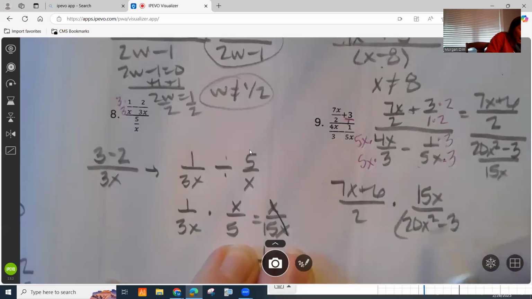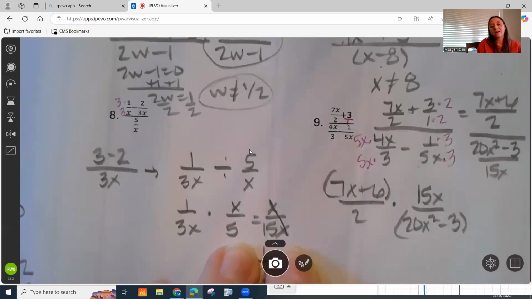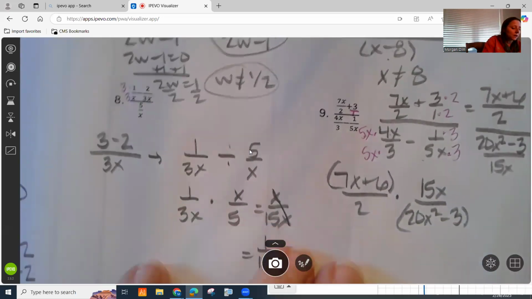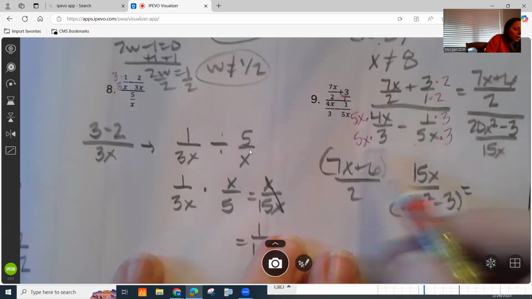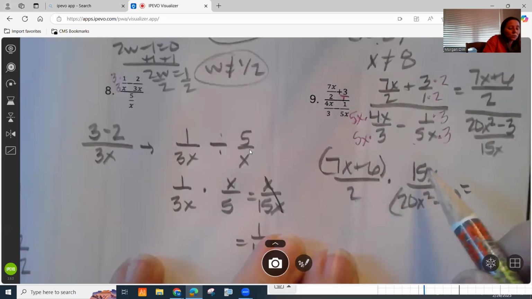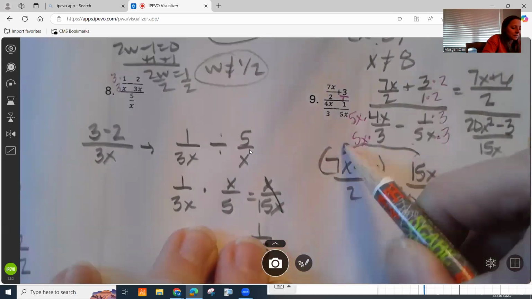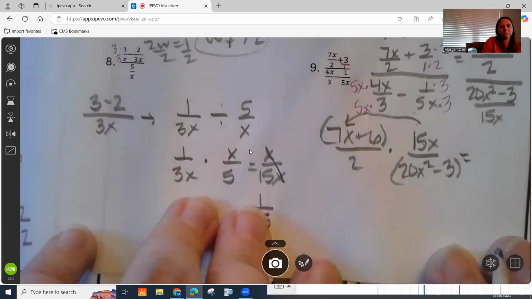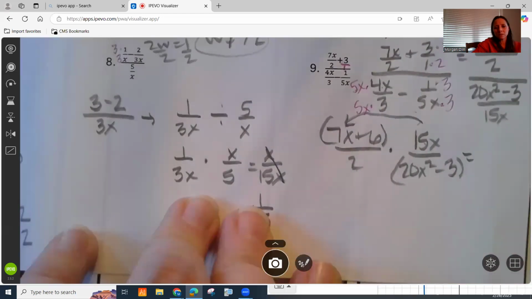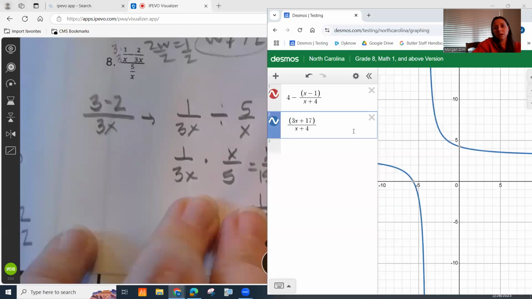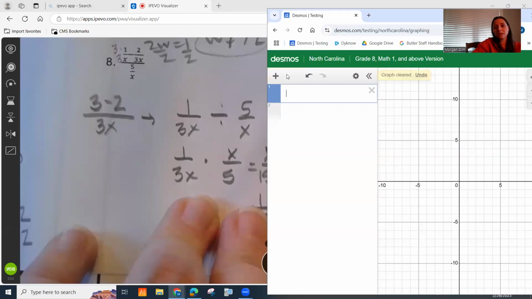Now, I'm looking at it and I think, does anything factor? It doesn't. Okay, so really here, I can just multiply across. Nothing even, this 2 and 15 doesn't even simplify either. Okay, so here when I multiply 15x times 7x, I'm going to say 15 times 7.